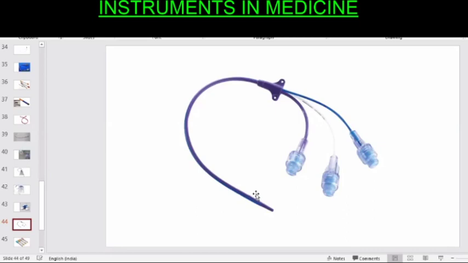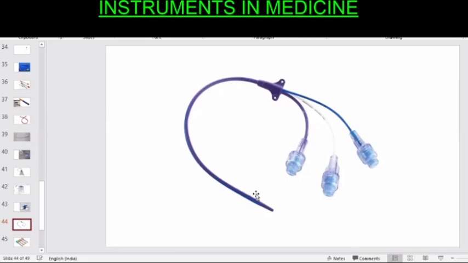Especially while putting a subclavian, there is a small chance that you can puncture the pleura and cause a pneumothorax. And while putting a subclavian, you have to be very careful. The reason is if there is bleeding, you won't be able to compress at the subclavian site.